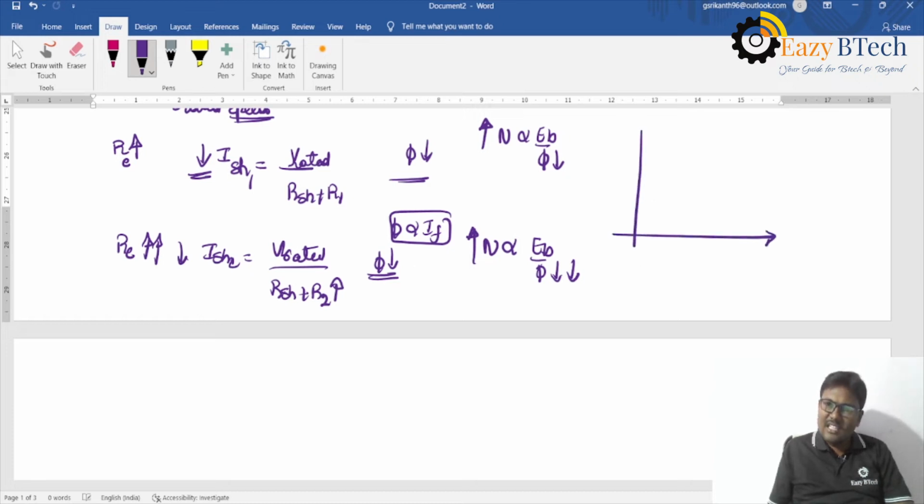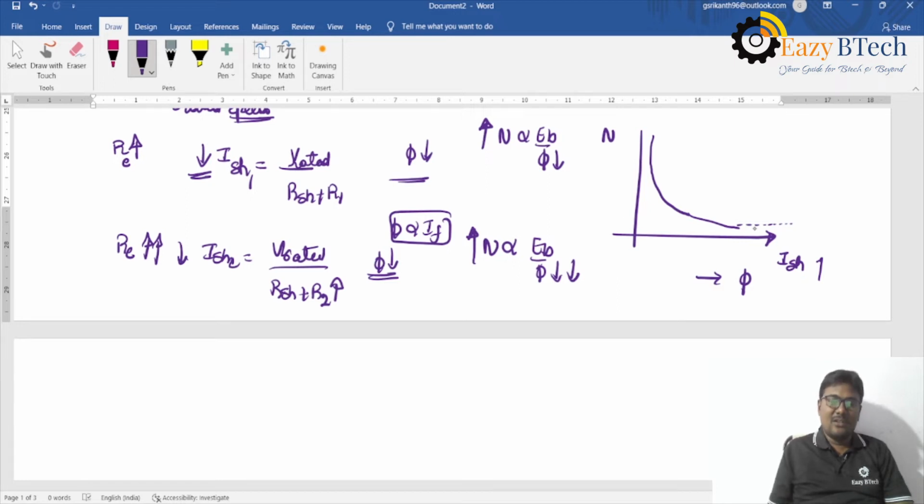If you draw the characteristics between speed versus flux, and that is ISH. If ISH increases, flux is directly proportional to ISH, the speed will decrease.